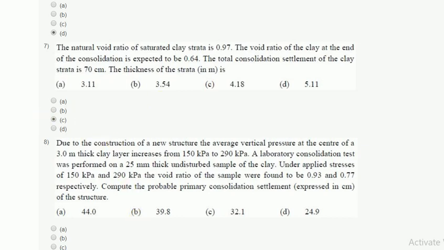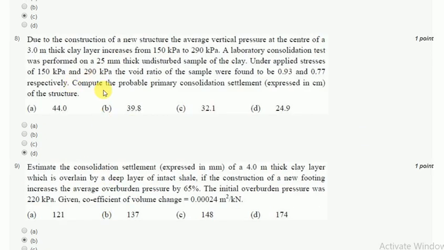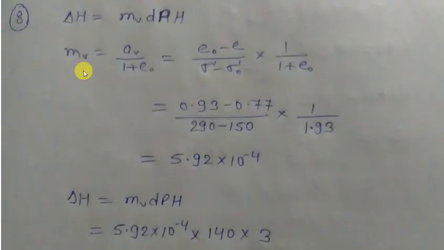Now move to question number 8. In this question, we have to compute the probable primary consolidation settlement of the structure. So let's see the solution. Here delta H is equal to mv into delta p into H. This formula can be used. First of all, we find mv, that means av by 1 plus e0, that is e0 minus e by sigma dash minus sigma 0 dash into 1 by 1 plus e0.